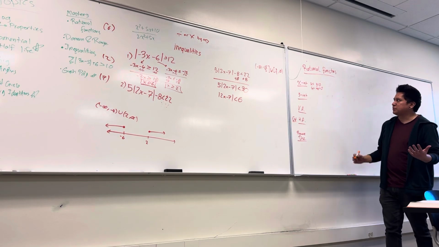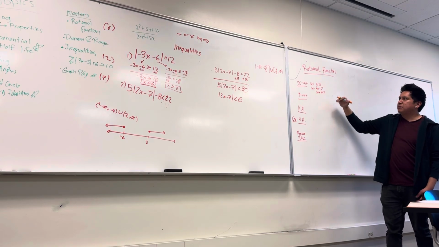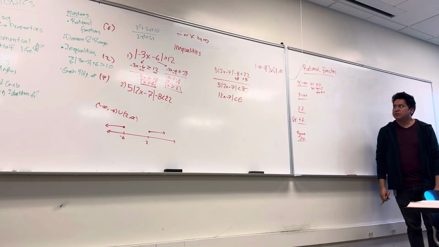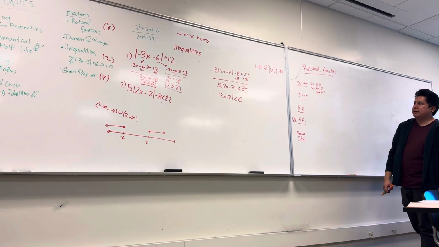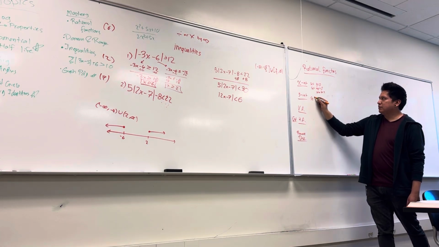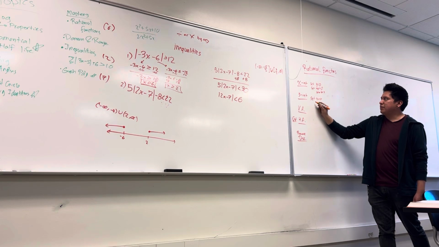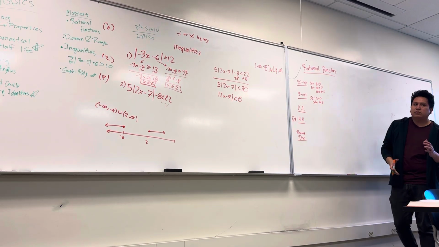So set the top to 0, then solve for x. That's how we solve for the x-intercepts. The y-intercept is pretty similar in the sense that we set x equal to 0 and then just solve for y. So these are the straightforward ones.